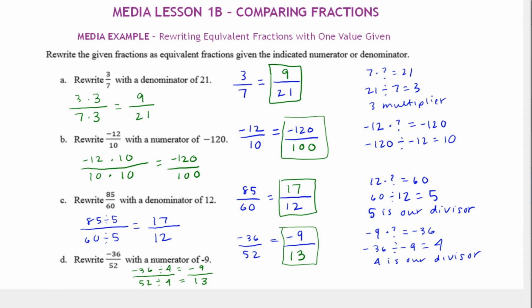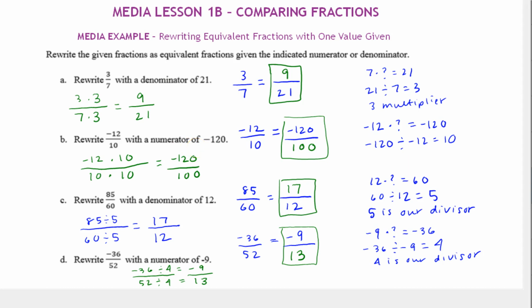Okay. Let's just recap real quick a general strategy for solving these problems. We set up the given fraction and the equivalent fraction with the given known number, and we were looking for a missing number. Make sure you put the numerator or denominator in the correct spot depending on what you're given.